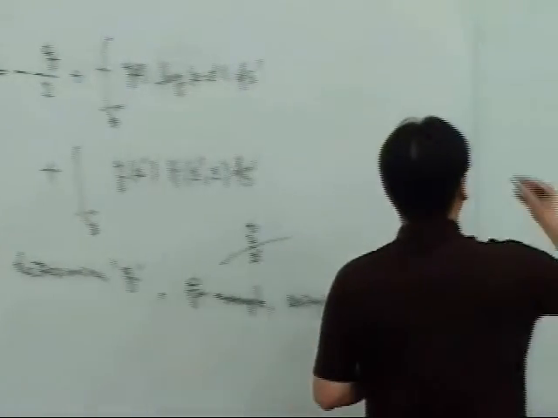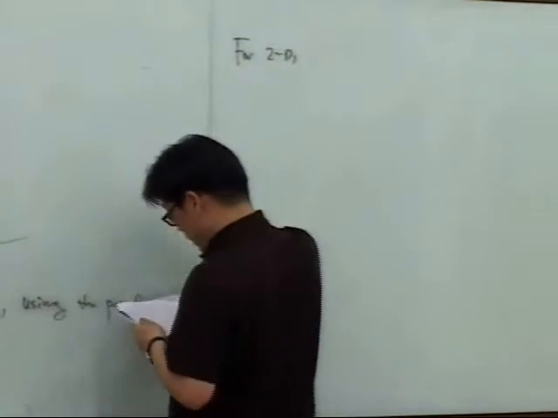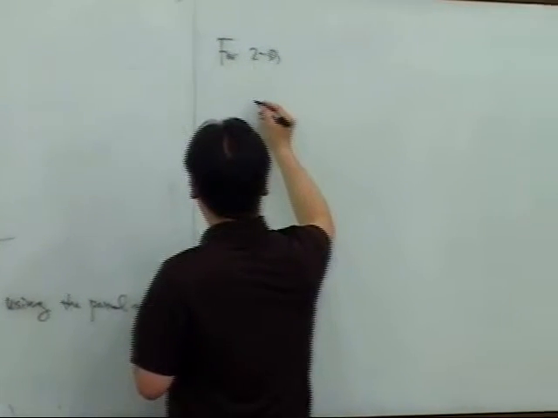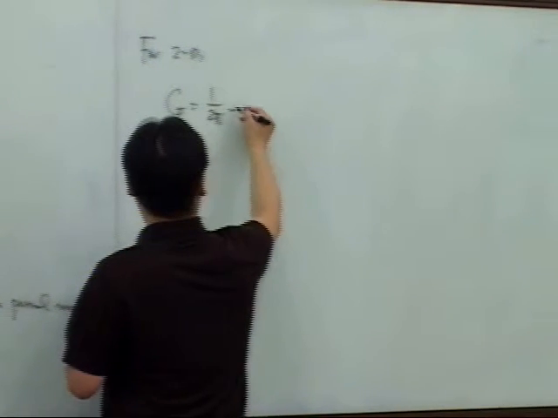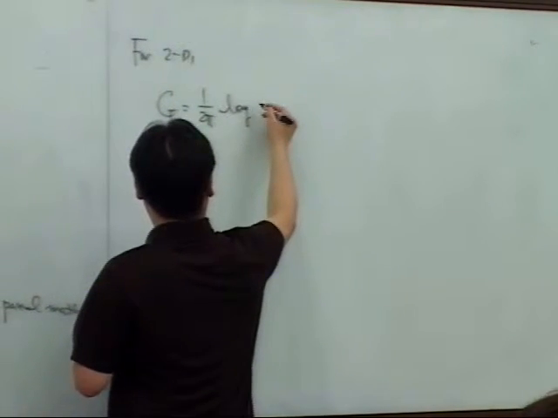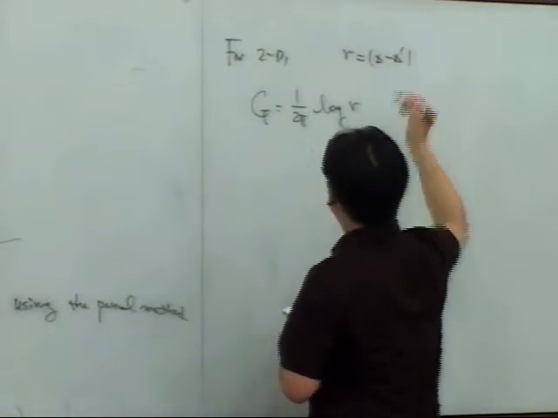You can do exactly the same thing for 3D as well. G is, as I said, 1 over 2 pi log R. So R is, right?